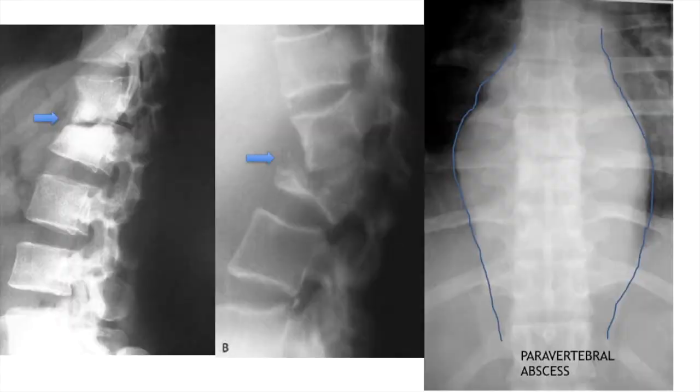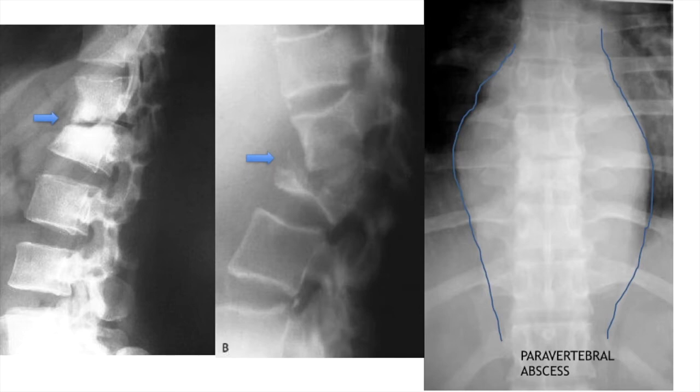So this is a sample of Pott disease, or tuberculous spondylitis. You can see there is total vertebral destruction in some cases with fusion of the vertebral bodies, and on physical examination this kind of kyphosis appears.